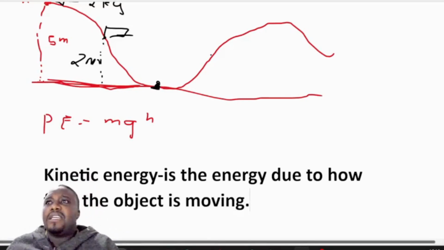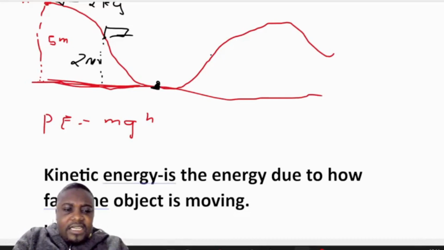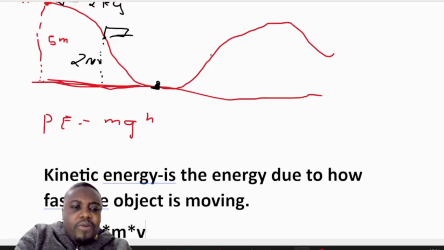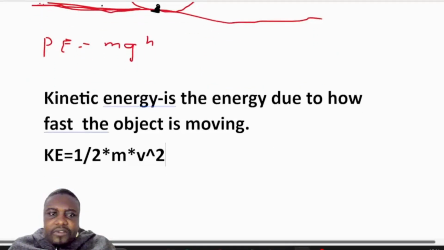So when we have kinetic energy, the formula for kinetic energy equals 1 over 2 mv squared. I'm going to rewrite it properly for you guys.